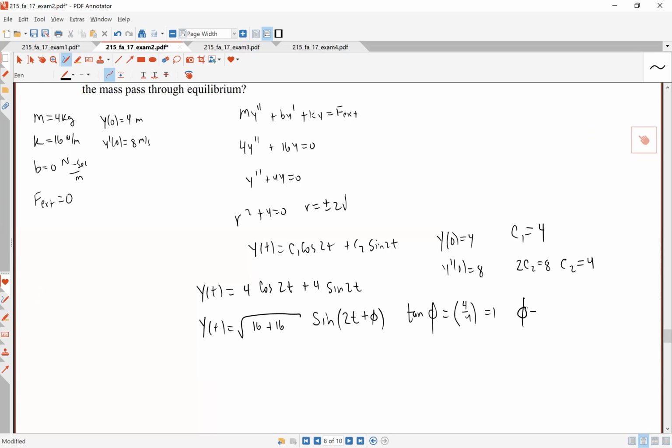So if they're both positive, then phi is inverse tangent of 1, which is pi over 4. And so therefore we have y of t is the square root of 32, which is 16 times 2, or 4 root 2 sine of 2t plus pi over 4.